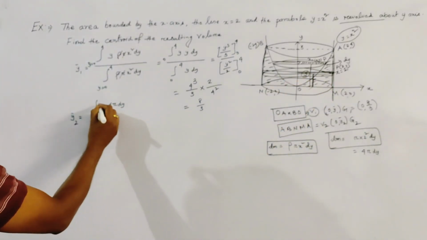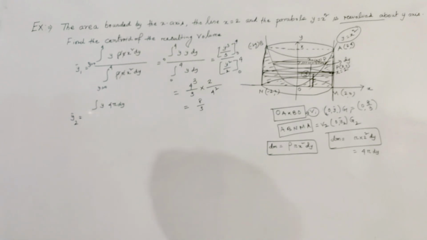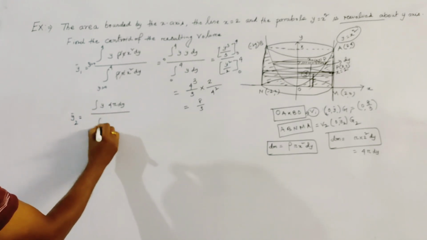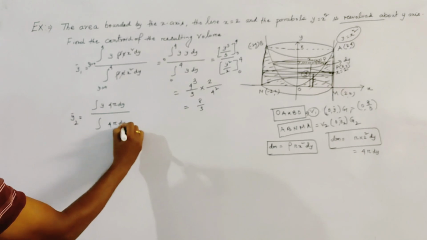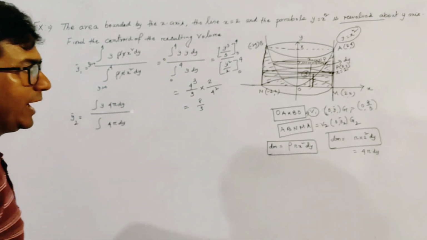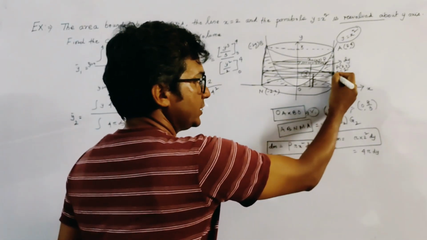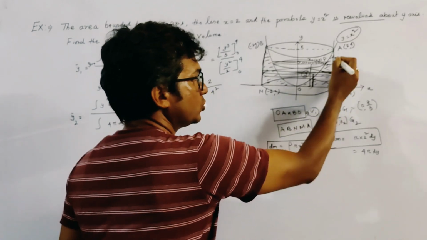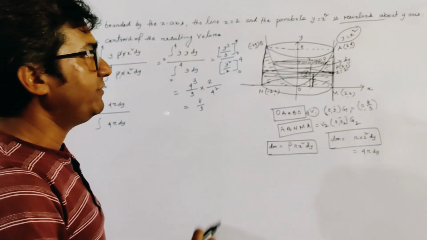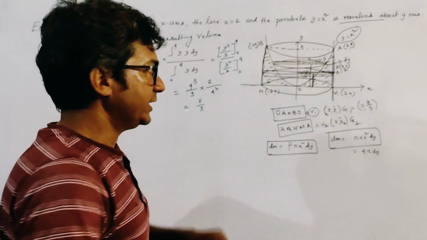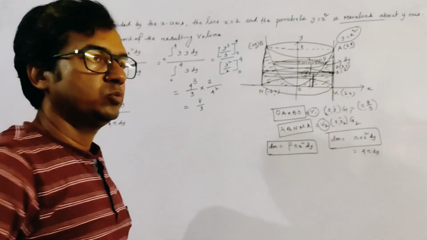So we multiply here by y, and in the lower portion we get 4 pi into dy, and we take this point from y equal to 0 to y equal to 4 to find the center of gravity of the whole body, that is the volume V2.